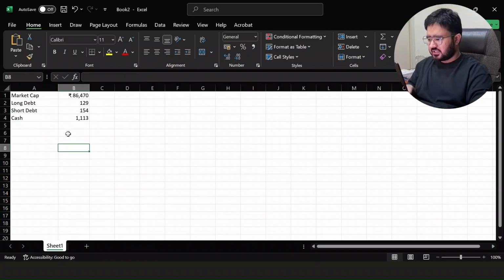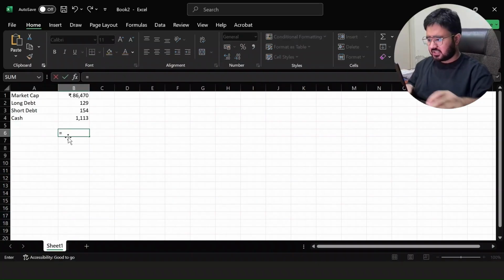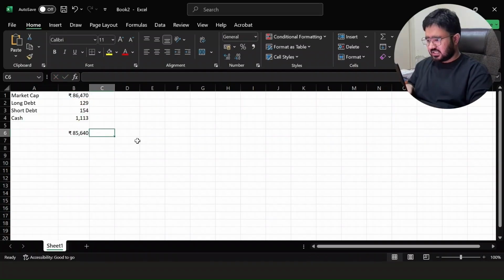Okay, so how do we calculate it? We just need to add market capitalization plus long-term debt, short-term debt, and minus cash. Let's just enter. It's 85,640.